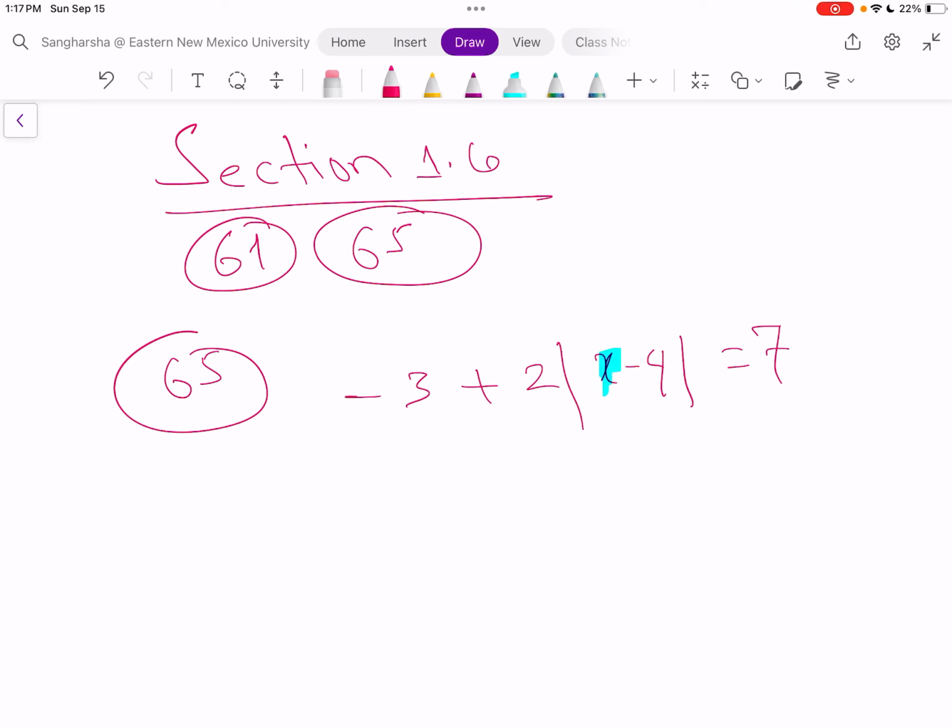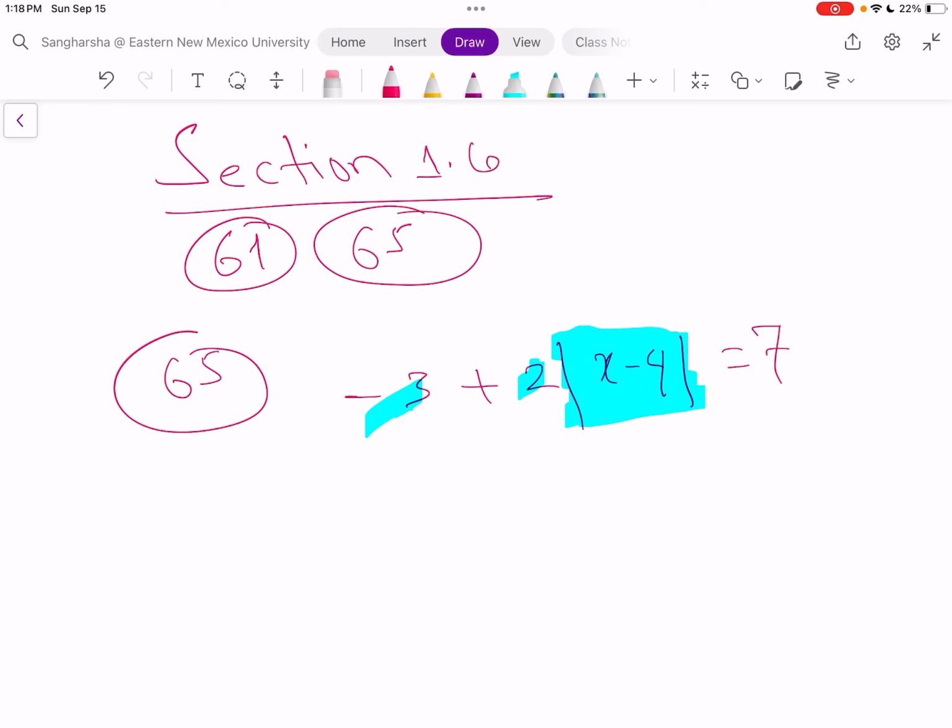Every time you have an absolute value equation and you are trying to solve it, you must have the absolute value expression on one side and the remaining terms on the other side. So this expression has the absolute value sign, and the remaining negative 3 and the 2 go on the other side.